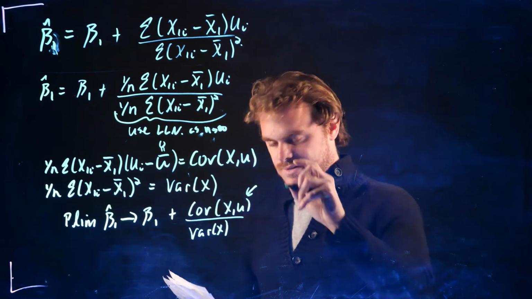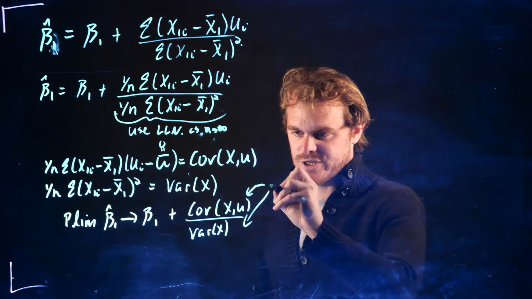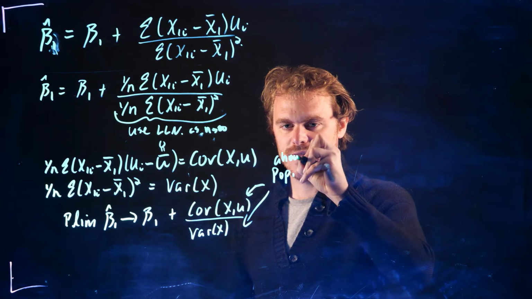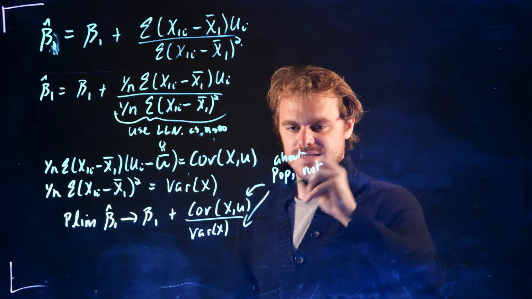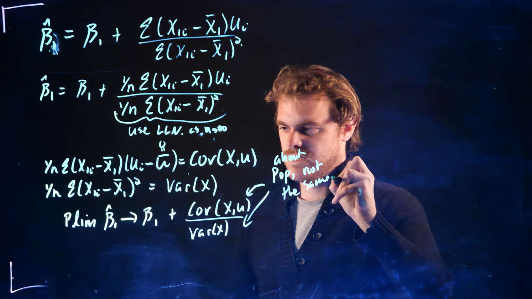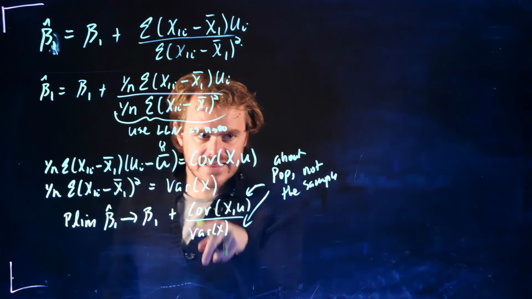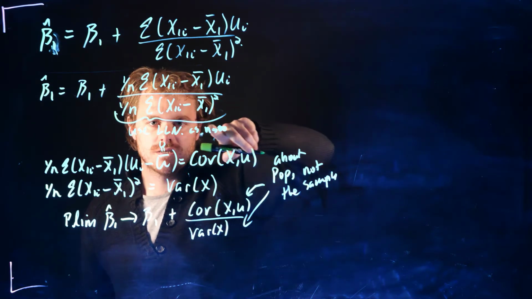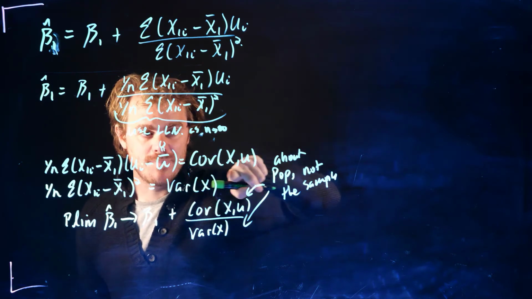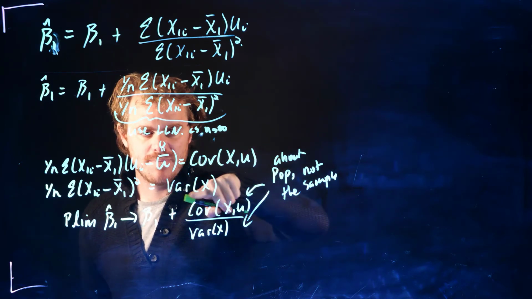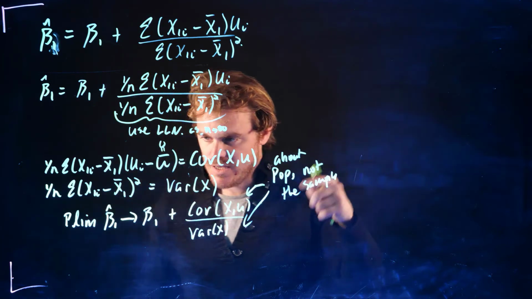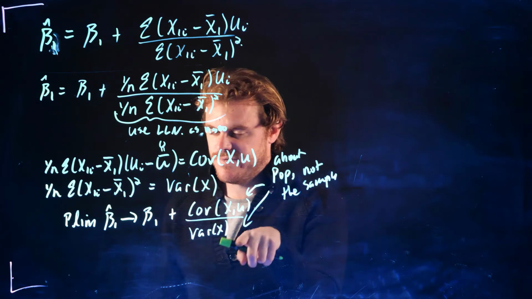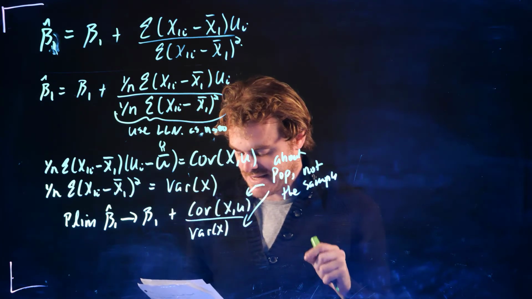Here it's important to mention these are about the population, not the sample. We're using the fact that n goes to infinity, so these are the population covariance and the population variance, not the sample.